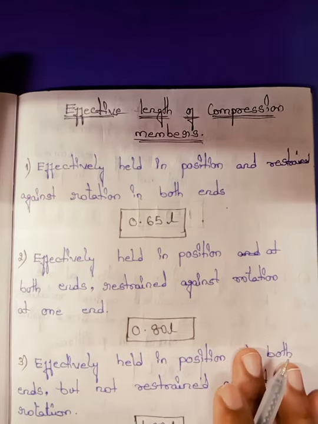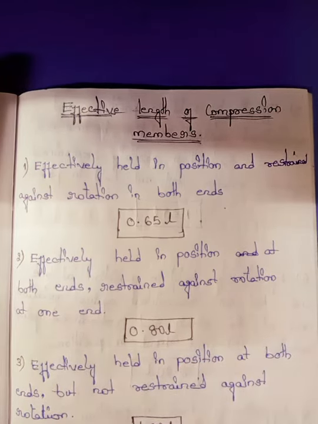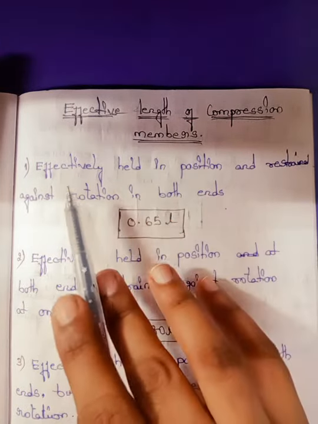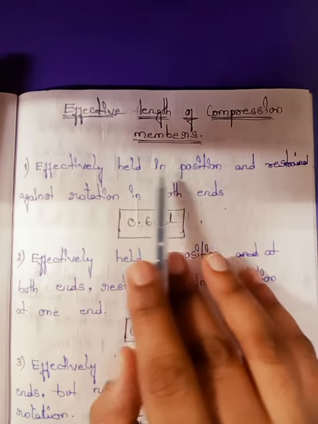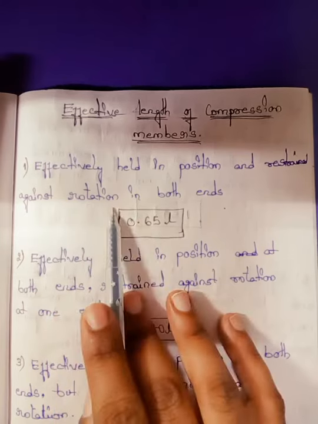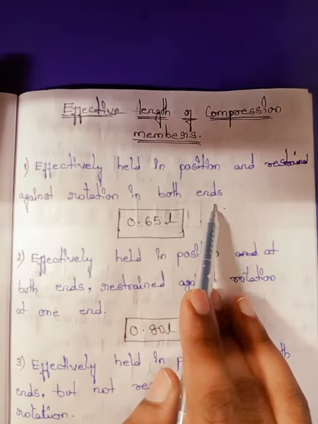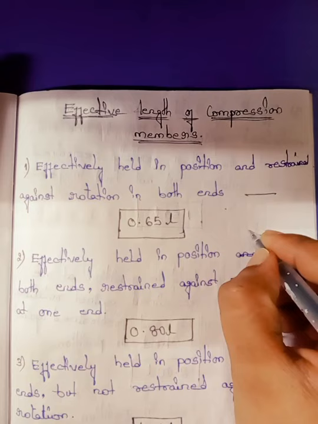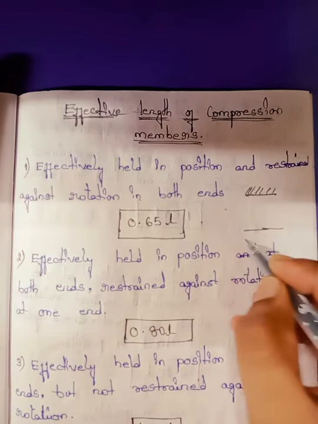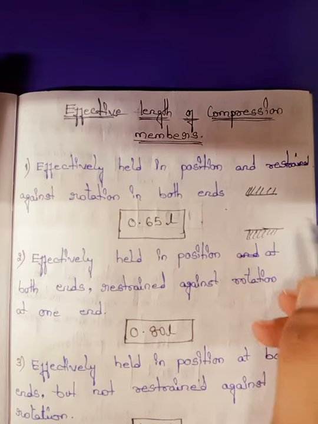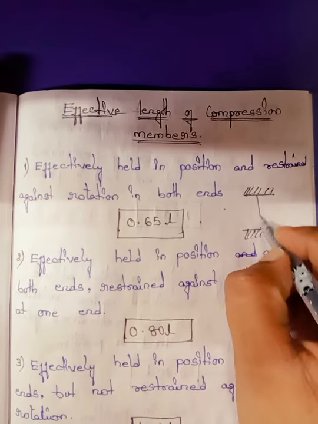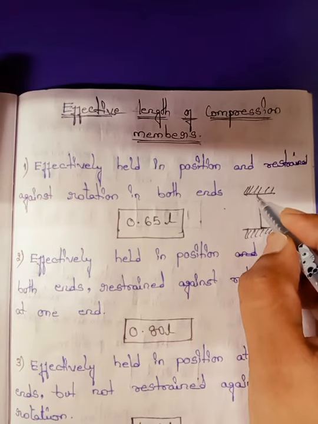So for which condition, what is the effective length to be adopted? For the first condition: effectively held in position and restrained against rotation in both ends. Which means both ends are fixed.